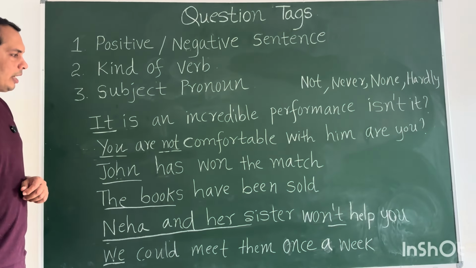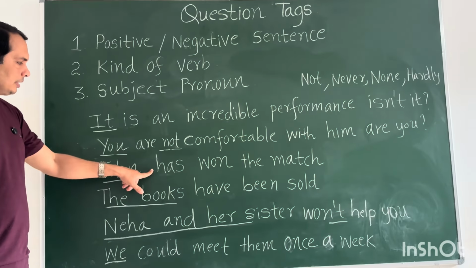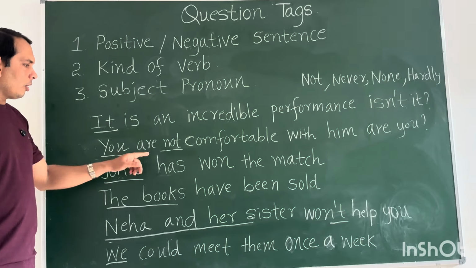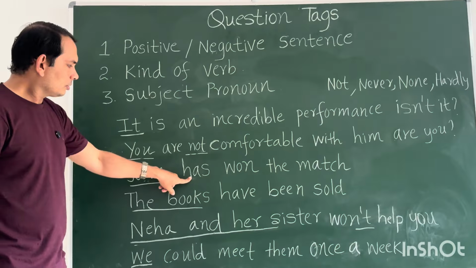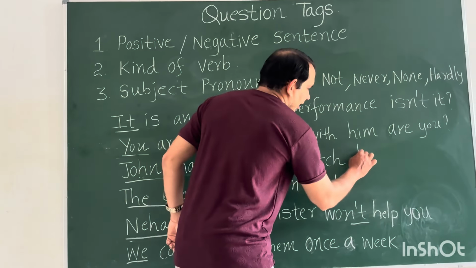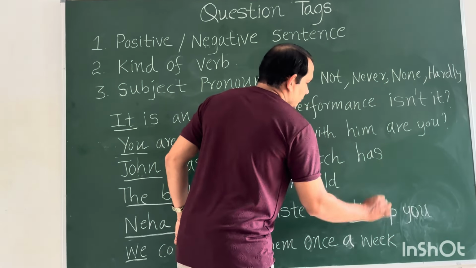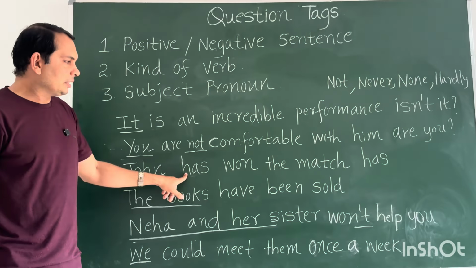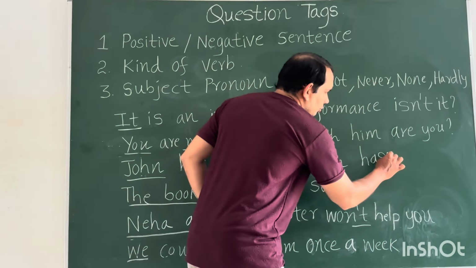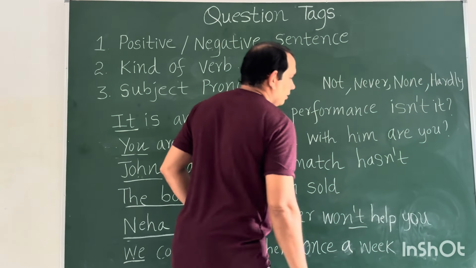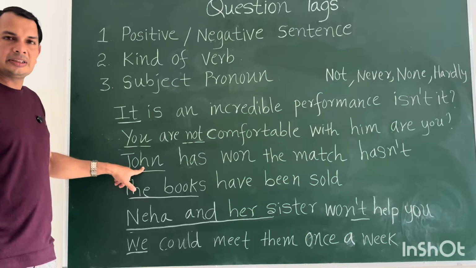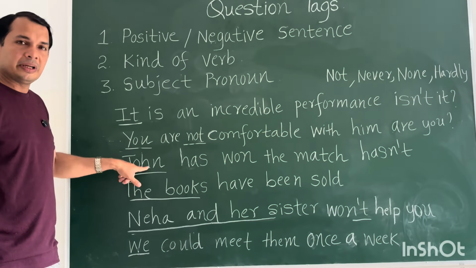John has won the match. This is a positive sentence. What is the auxiliary used here? Has. Has is the auxiliary used. This is a positive sentence, so we need to add not to this. Hasn't. John, it's the name of a person.